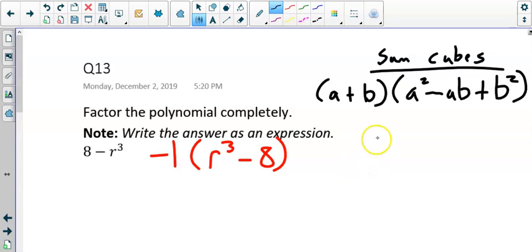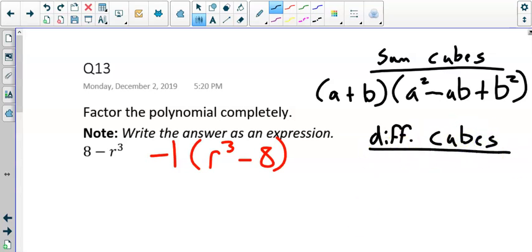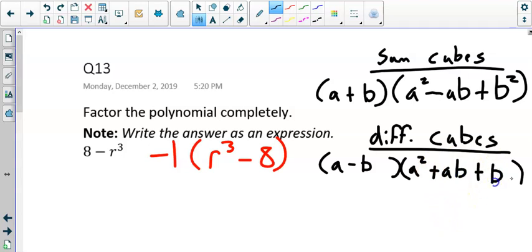And then there is a difference of cubes, and that's what we have here. There was only a small change between the sum and the difference. So what does the difference of cubes look like? A minus B, and then A squared plus AB plus B squared.